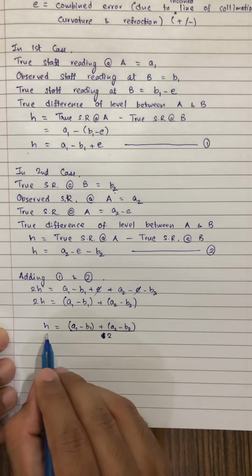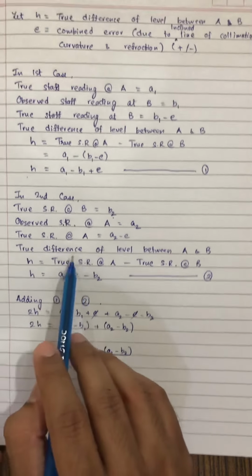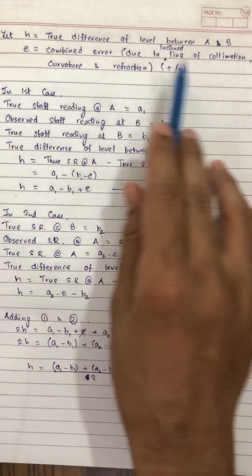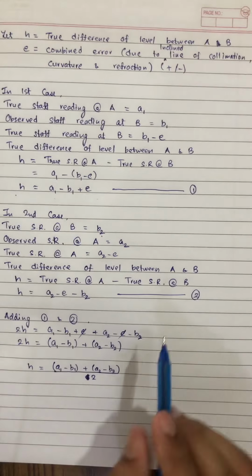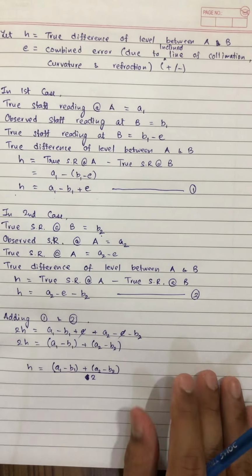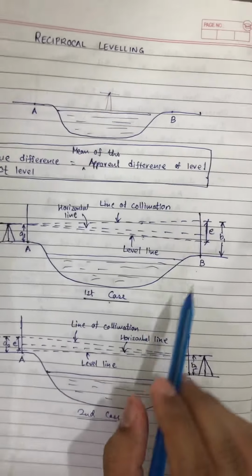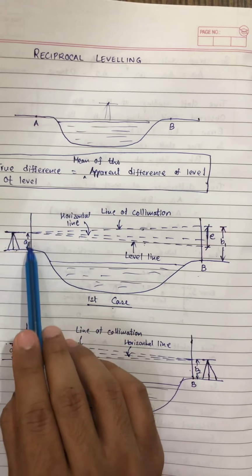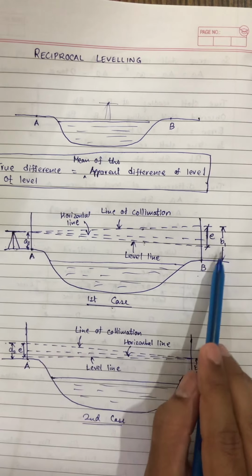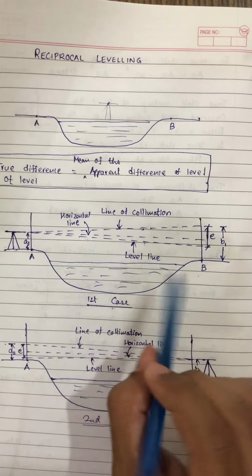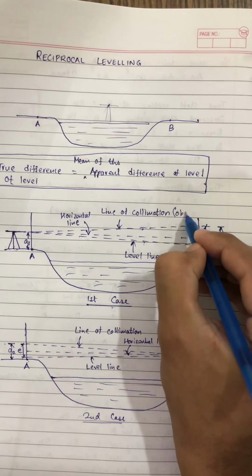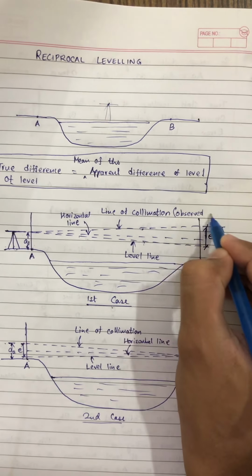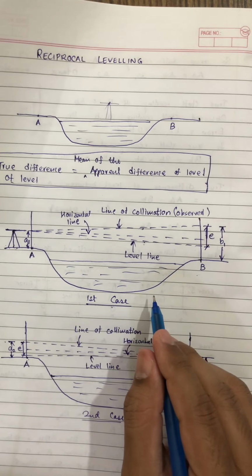Now, what is H? H is the true difference of level between A and B. And what are A1 and B1? In the first case, A1 is this reading and B1 is this observed reading. The line of collimation gives the observed reading.